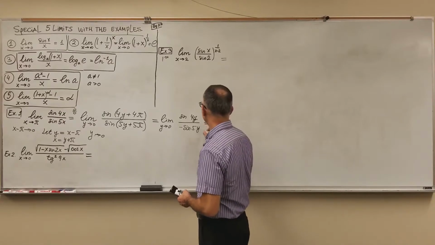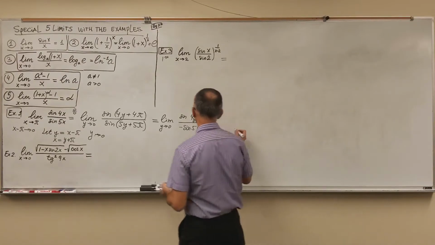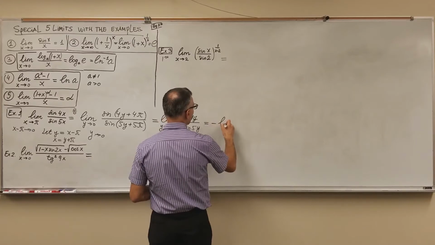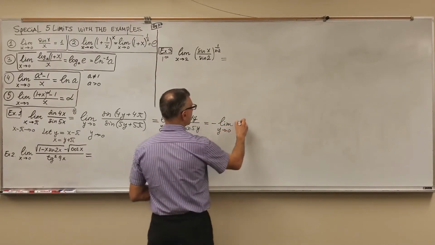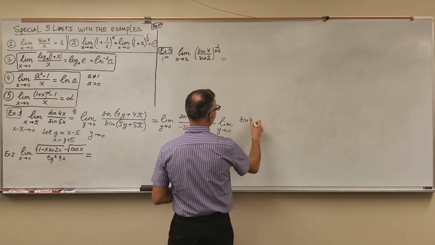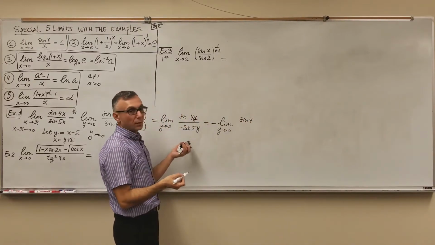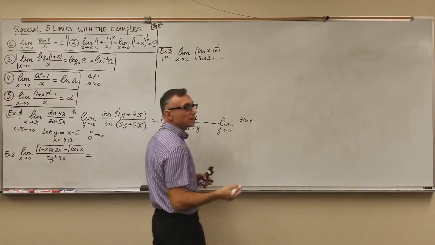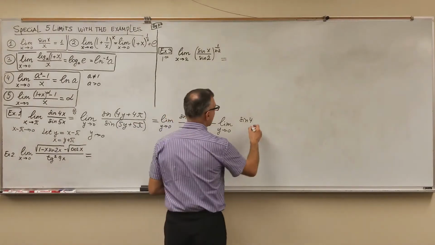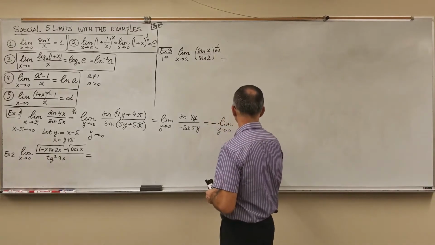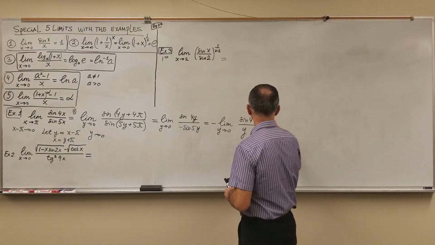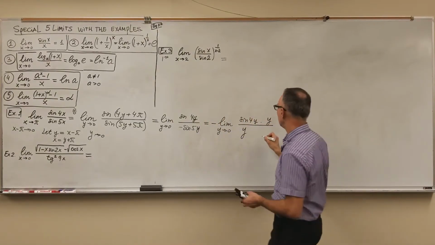And it's equal to, now it's getting easy, minus up front. So it's a limit, y goes to 0, of sine 4y over sine 5y. The answer is minus 4 over 5. I'll just do it in more detailed steps. So it's 4y over, I can divide it by y and multiply it by y to preserve the value.